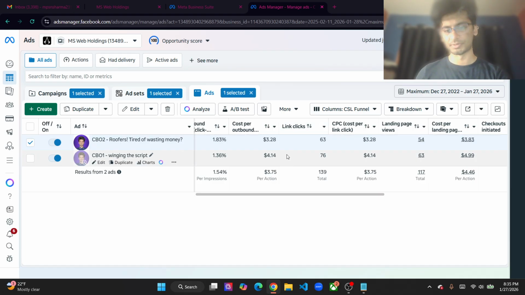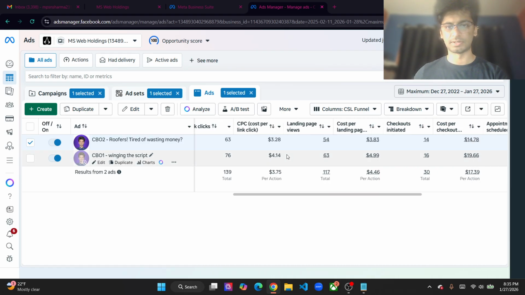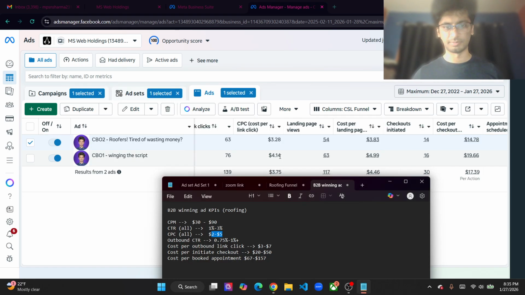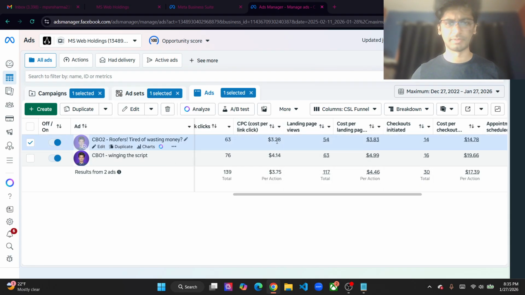Link clicks. The first one had more link clicks. The cost per click was cheaper on the second ad, $3.28, and a little bit more expensive on the first. But that is still within metrics. Cost per link click, not outbound link click, sorry. Regular link click, $3 to $7, definitely within KPI.